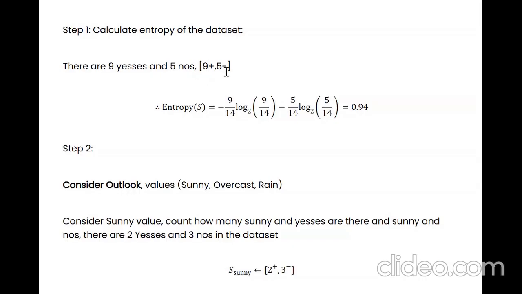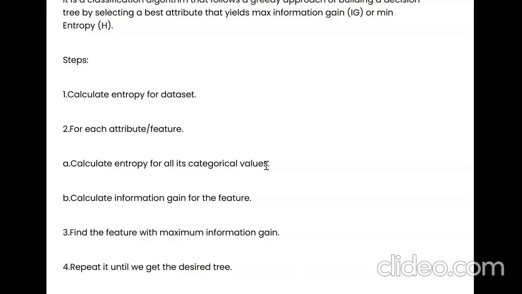So 9 positive and 5 negative. Therefore, entropy of the data set is minus 9 by 14 log of 9 by 14 to the base 2, minus 5 by 14 log of 5 by 14 to the base 2. If we calculate this, it comes out to 0.94. So we have done the first step, that is, we have calculated entropy of the data set.